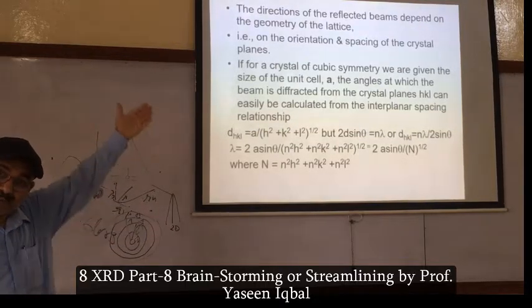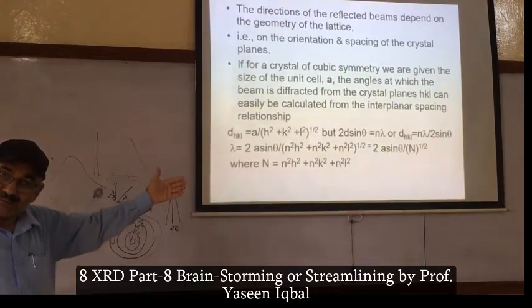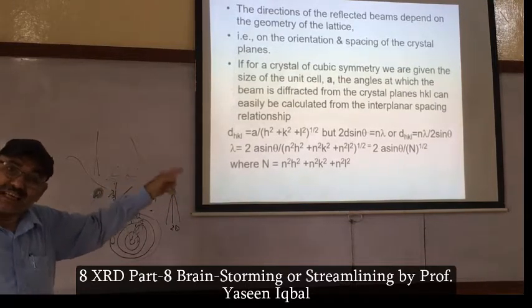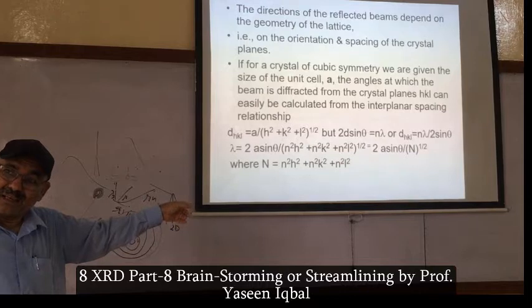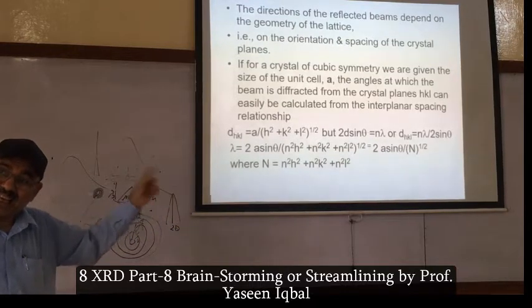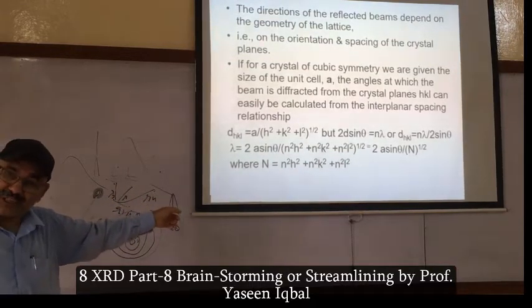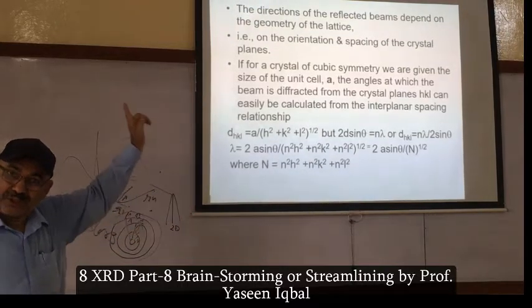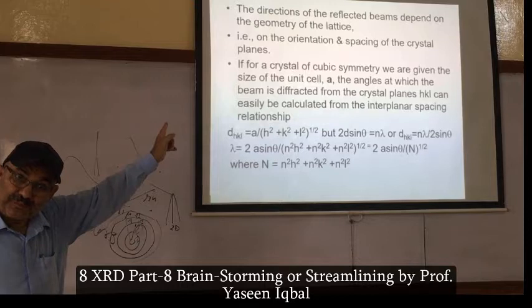All are parallel planes, and their interplanar spacing is DHKL, which in that case will be D100, D200, D300.